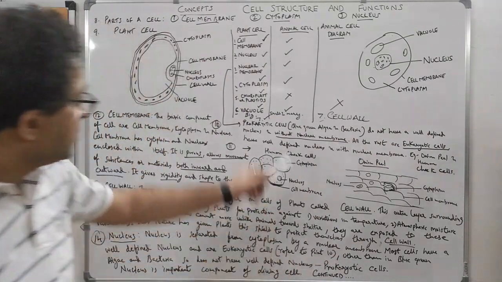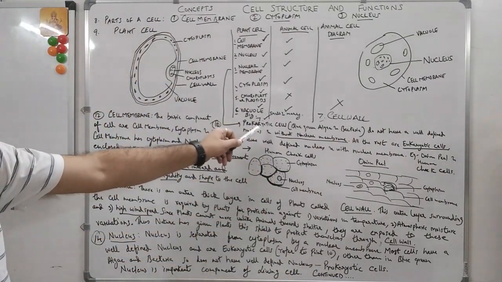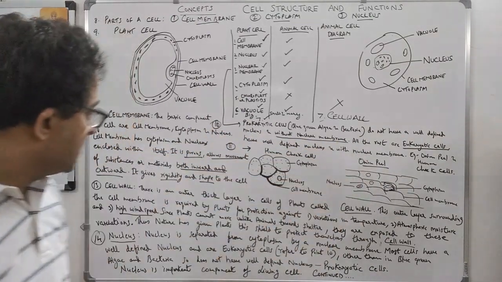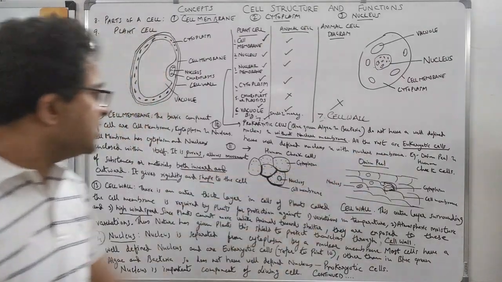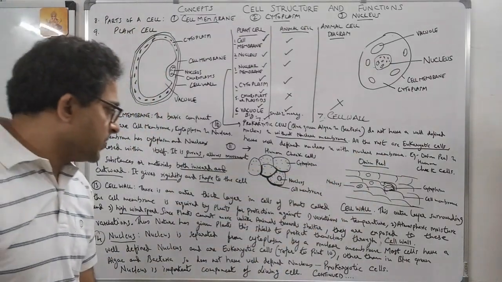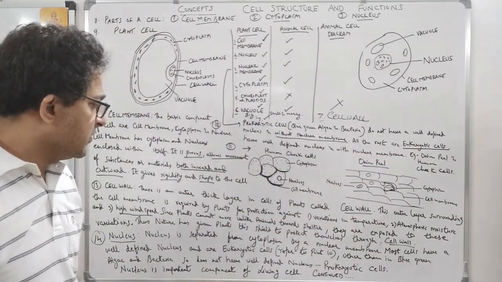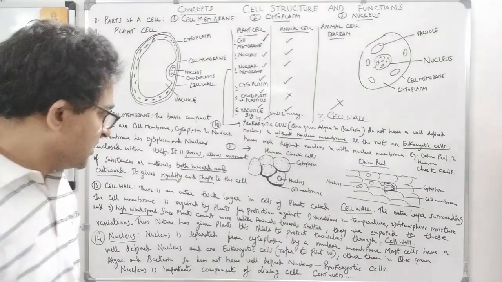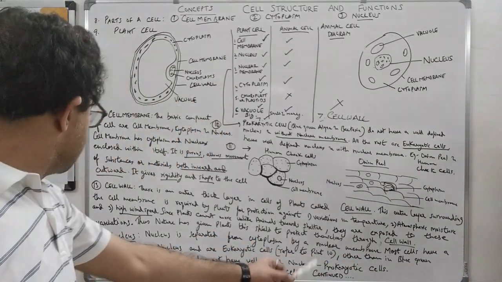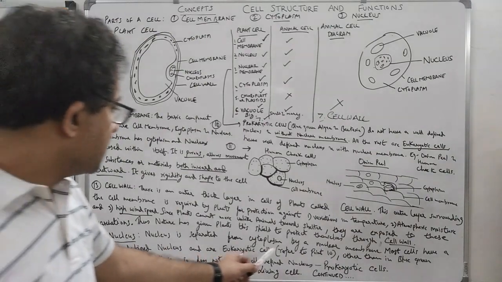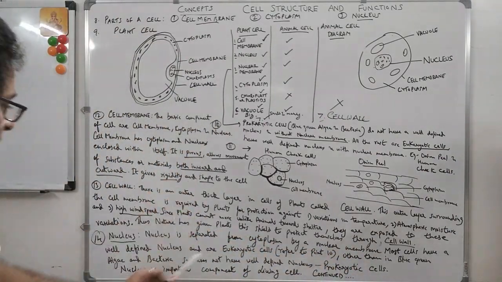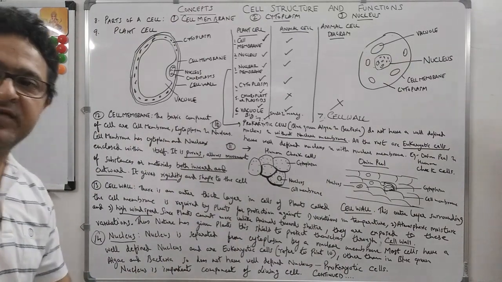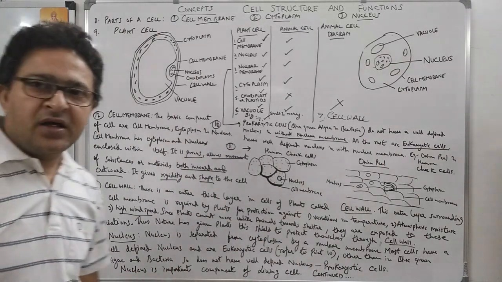Refer to point 10. This I have told you, prokaryotic and eukaryotic, right? Examples of eukaryotic: onion peel, human cheek cells. They all have a nuclear membrane and a well-defined nucleus. Other than blue-green algae and bacteria, which do not have a well-defined nucleus or nuclear membrane.